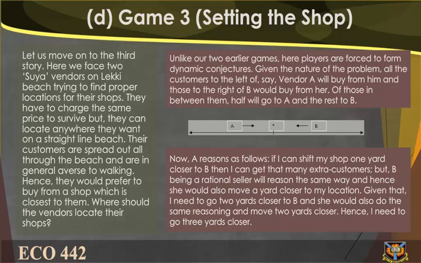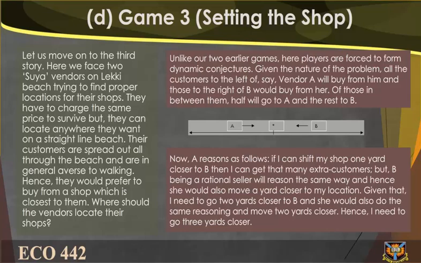Unlike our two earlier games, here players are forced to form dynamic conjectures. Given the nature of the problem, all the customers to the left of, say, vendor A will buy from him, and those to the right of B would buy from her. Of those in between them, half will go to A and the rest to B. Now, A reasons as follows.